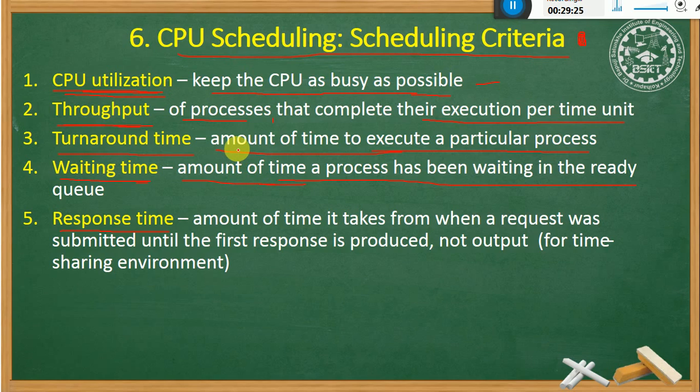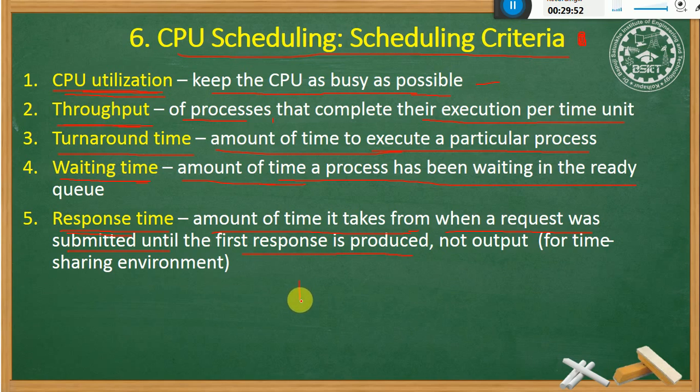Okay, next is response time. After the definition of response time, we can easily understand turnaround time. Response time: the amount of time from when a request is submitted until the first response is produced is known as response time.